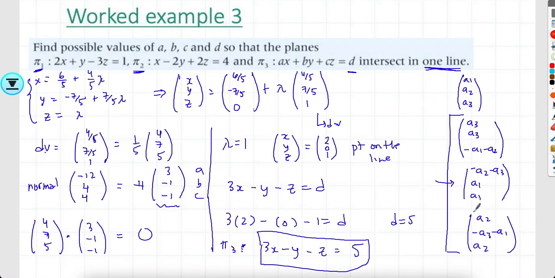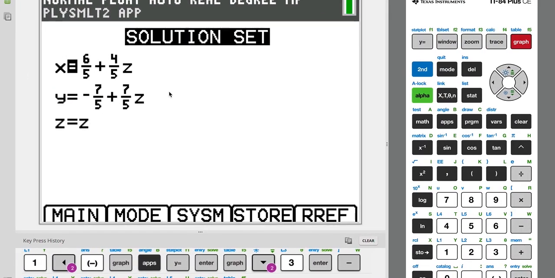I tried using this combination, and I got another plane with 5, minus 11z equals minus 1. And when I put this into the equation on the GDC as well, I also got the line that we found here. I got the same solution here.